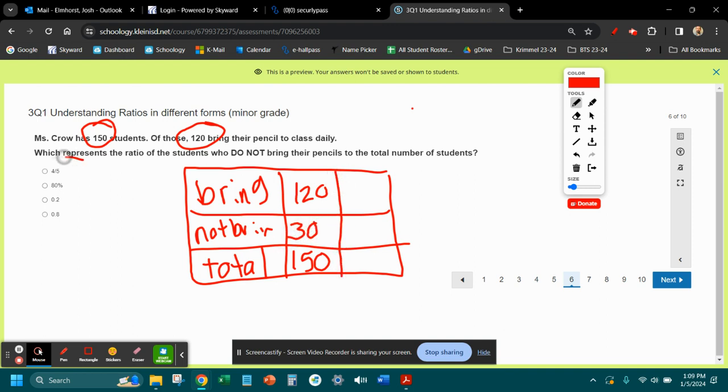And looking at your answer choices, it looks like we need to simplify and compare to tenths or hundredths. So simplifying, we could probably divide by 5, divide by 5. I think there's an easier one. Let's do 3. I'm going to divide by 3, divide by 3. So that's going to give us 40, 10, and 50.